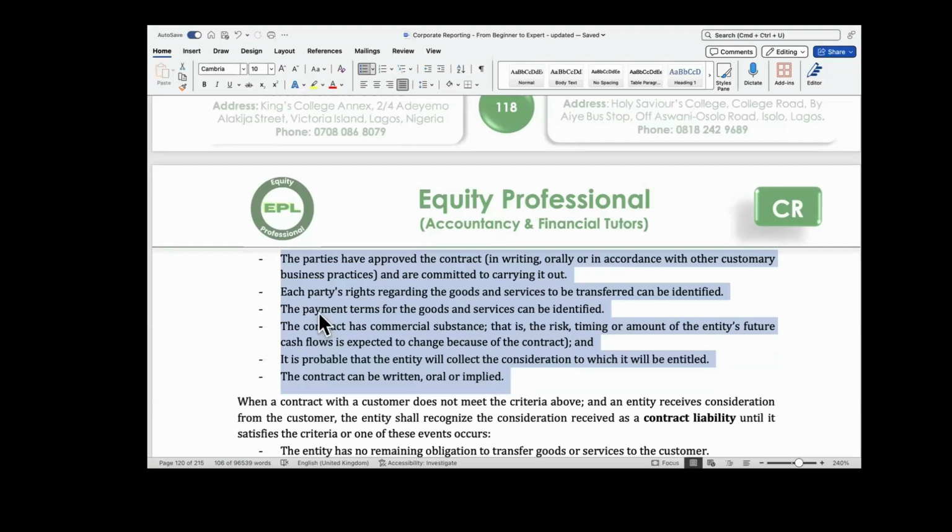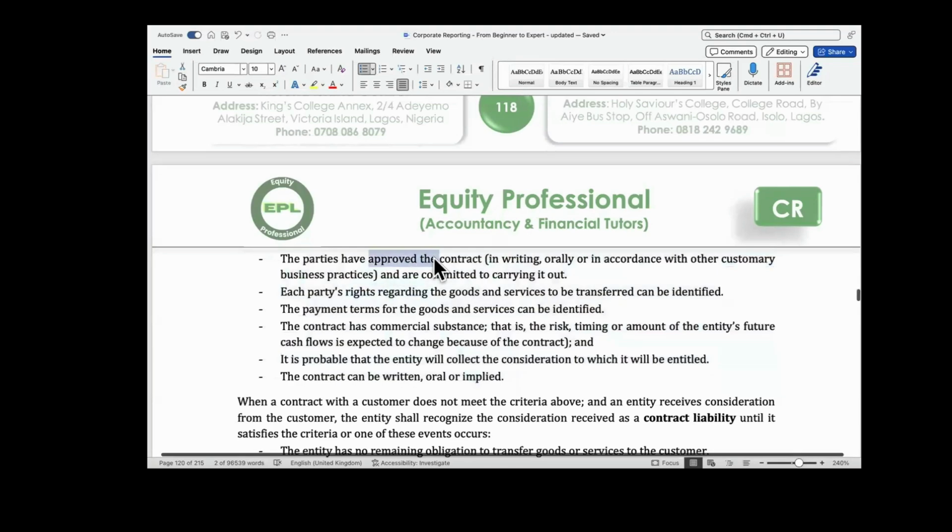When you haven't agreed payment terms, you have not agreed each party's rights regarding the goods or services, you have not approved the contract, that means the guy just borrowed you money. He just gave you money. You can come and collect it.